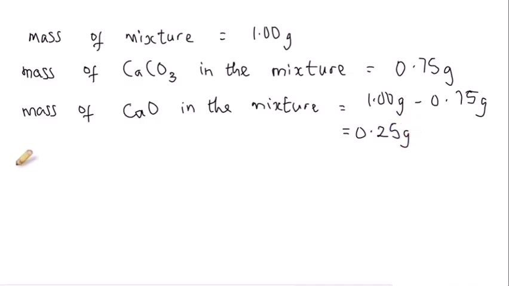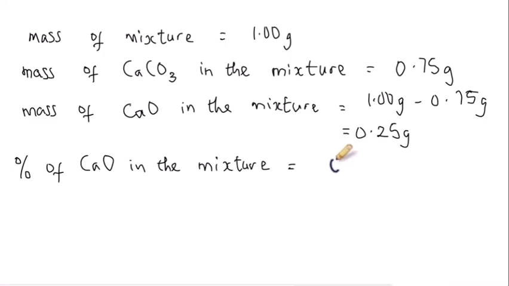Then the percentage of calcium oxide in the mixture will be equal to the mass of calcium oxide, 0.25 grams, divided by the mass of the mixture itself, that's 1.00 grams, multiplied by 100.